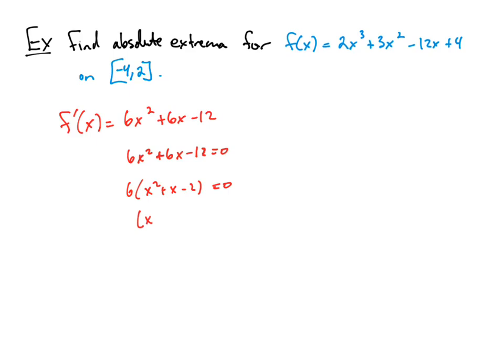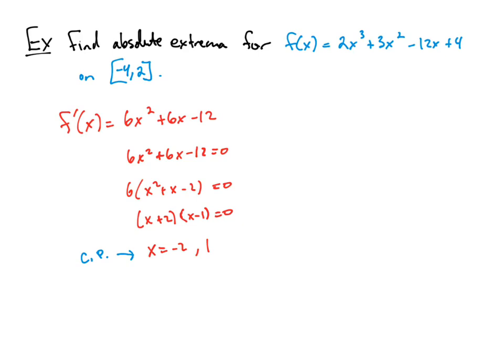This factors to x plus 2, x minus 1. So the critical points here are x is equal to negative 2 and x is equal to positive 1. Okay? So we found the critical points.